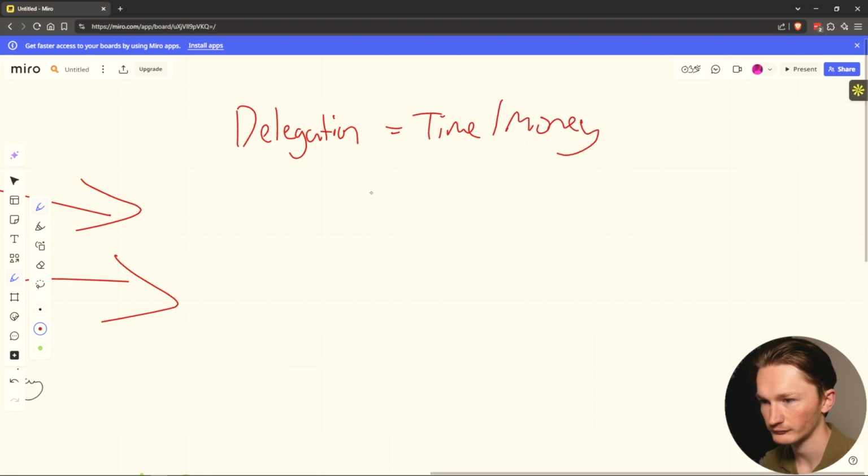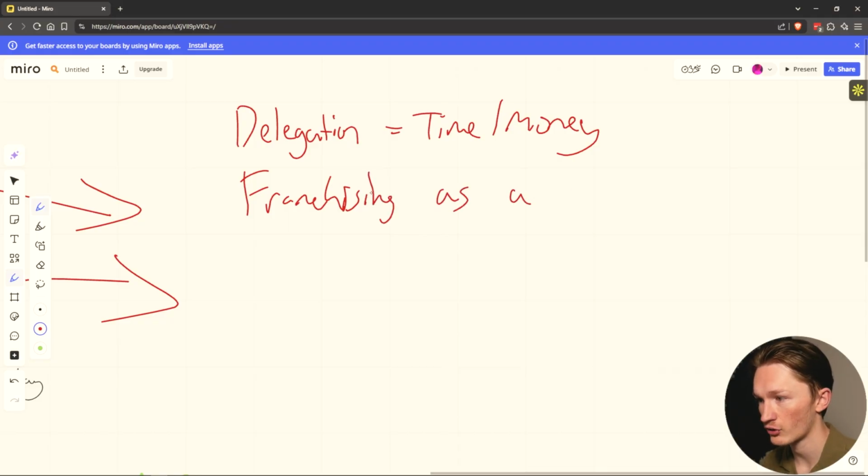It's going to be franchising as a concept, not necessarily doing it, franchising as a concept. So basically copy and paste systems.